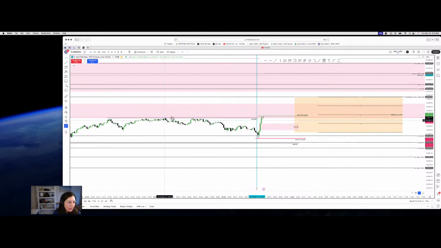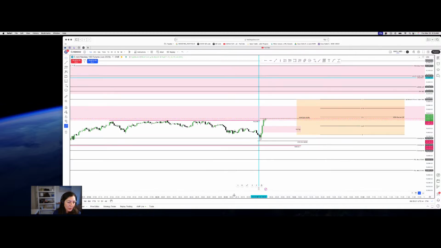So we've just reached this buy side area here that we've noted. Just watching to see the reaction of price. See if price rejects or if it moves higher.